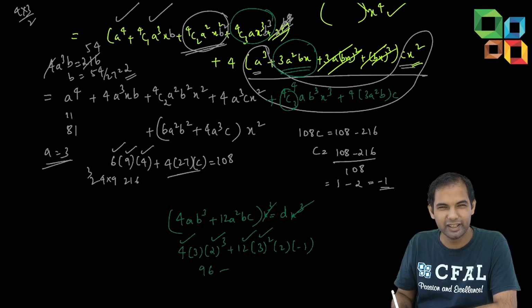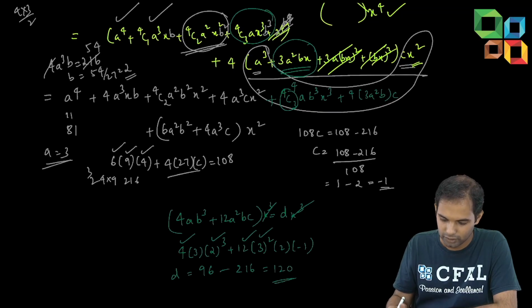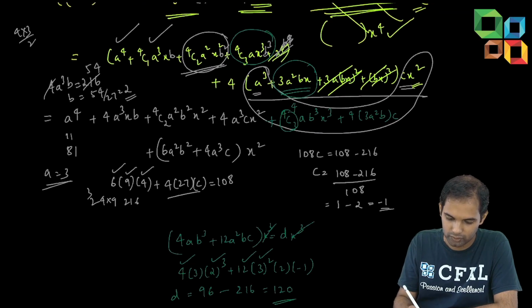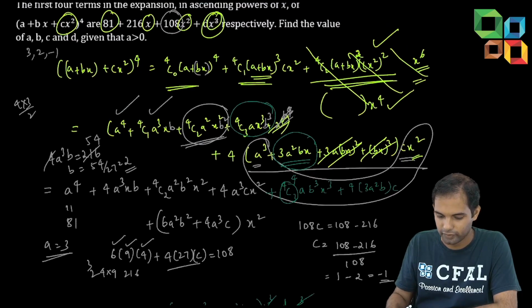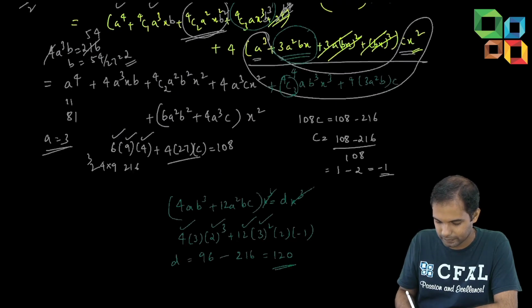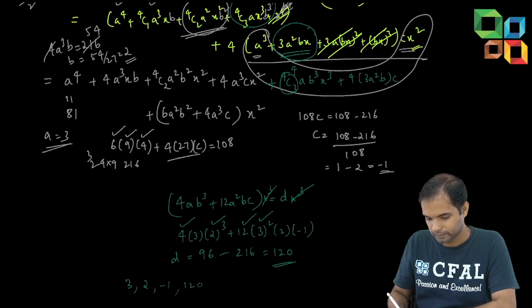So 108 into 2, so it is 216. Just subtract this, we are going to get 96 minus 216, which is minus 120. Okay. So we got all the 4 values. So we got a is 3, then 2, then minus 1, then 120.